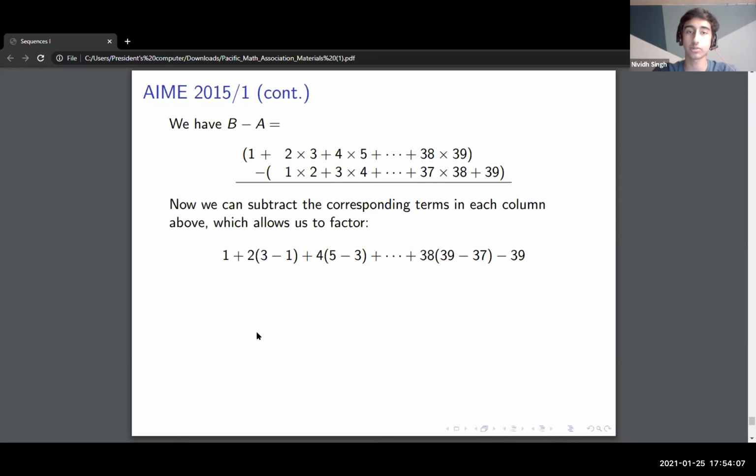And similarly with the third column, and we can do this with each column, making it some number 2, 4, 6, and so on, times the number greater than that minus the number less than that. And then in the end, we have an extra 39, so we just subtract 39.